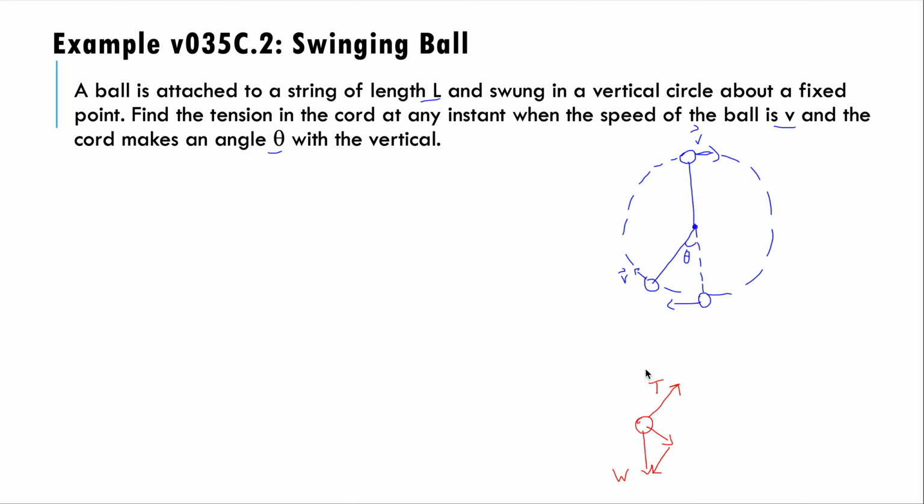So we can still just look at the centripetal forces pointing towards or away from the center of the circle. This component of the weight points away from the circle. So we just need to figure out what our theta is.